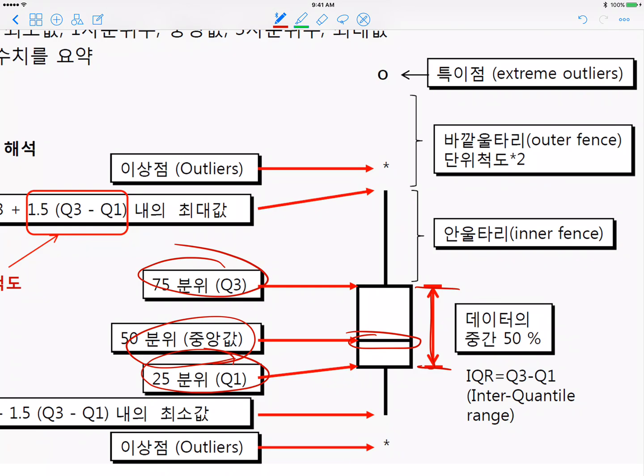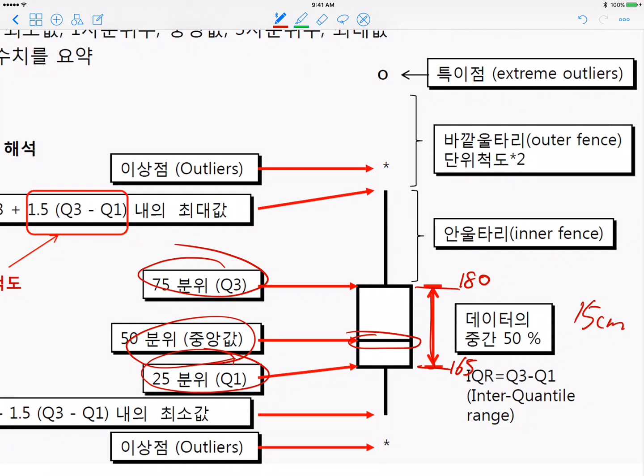Suppose we collected some people's heights, and the first quartile is maybe 165, and the 75th percentile, or third quartile, is maybe 180. Then we can just subtract these two values, and that value is 15 centimeters.